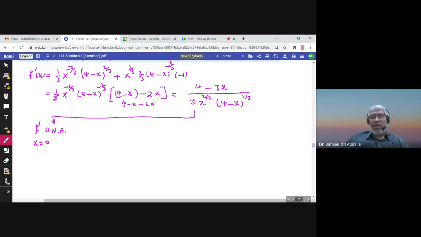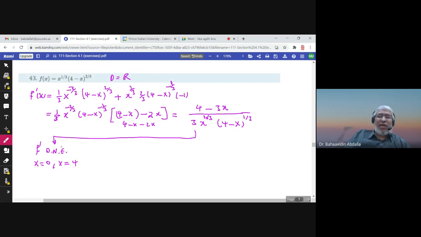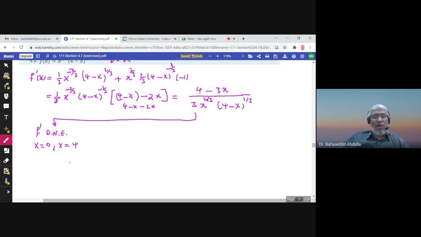Also 4 minus x, if you put x equals 4, then I'll have 4 minus 4, and that's 0. To the power 1 over 3, it would be 0. So two values will make f prime not exist, and the domain is all real numbers. So these two values are in the domain of f.